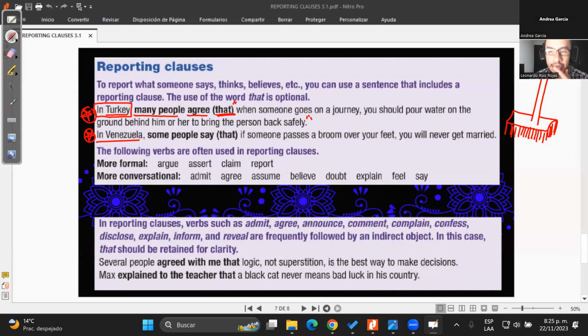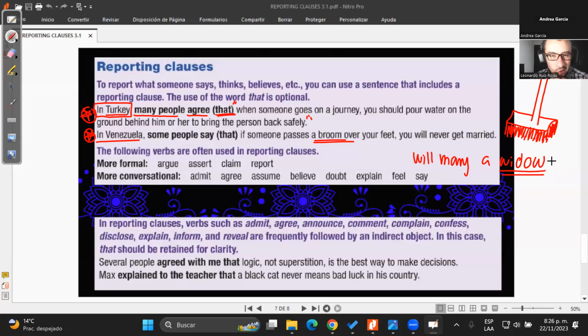Here in Bogota or in Cundinamarca, I have listened that grandmas, because it's something that the old people say, claim that if someone passes a broom over your feet, you will marry a widow. They say that you will marry a widow. Do you know what a widow is?